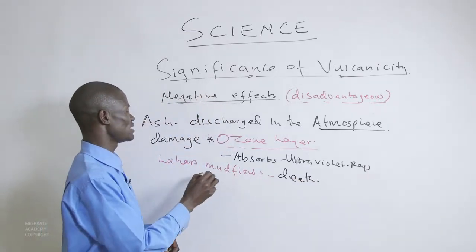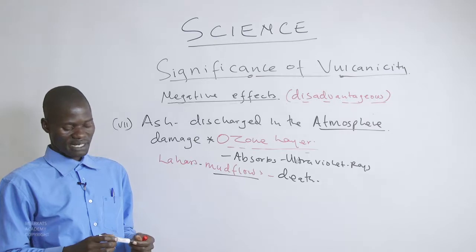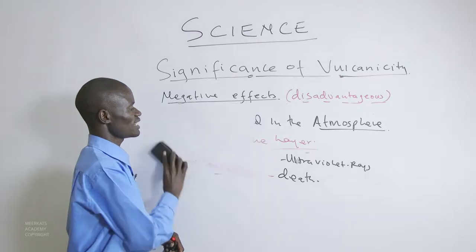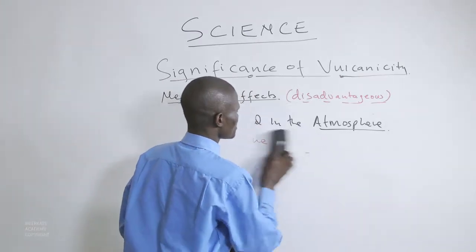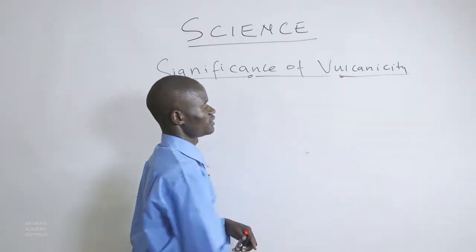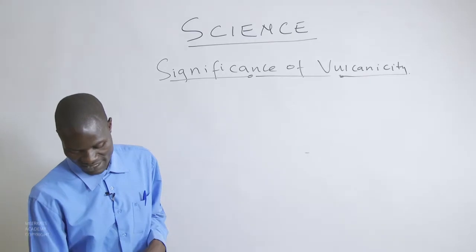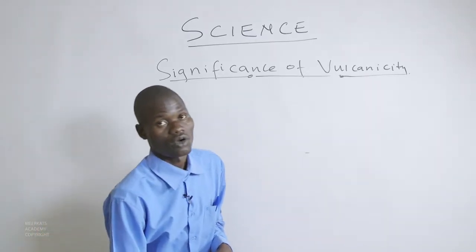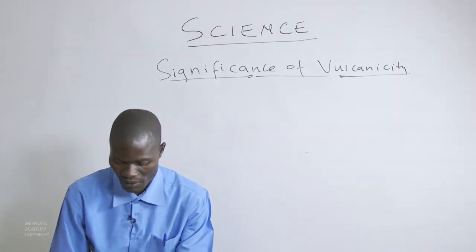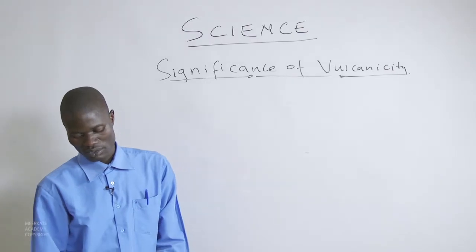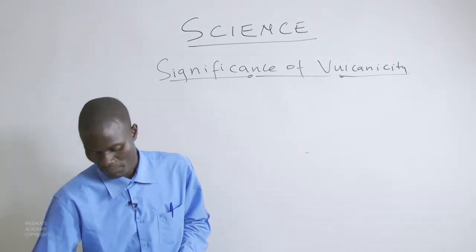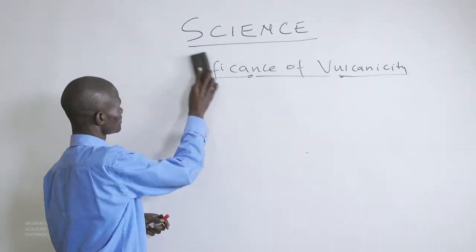Animals can be buried by the mud flows, which we refer to as lahars, and we'll also find various devastating problems which become more disadvantageous on Earth's surface. That brings us to rest on the area of significance of volcanicity and its effects.